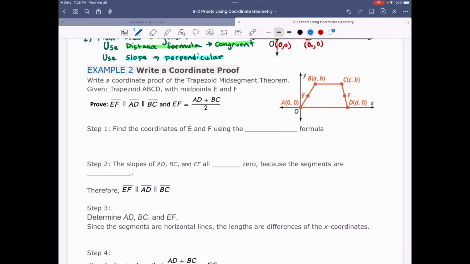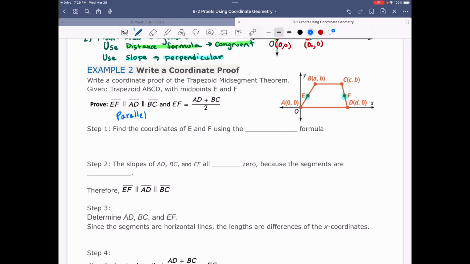Given trapezoid ABCD with midpoints E and F, you can see those, I'll highlight them for you, E and F, those are the midpoints. Prove that EF is parallel to AD, which is also parallel to BC.